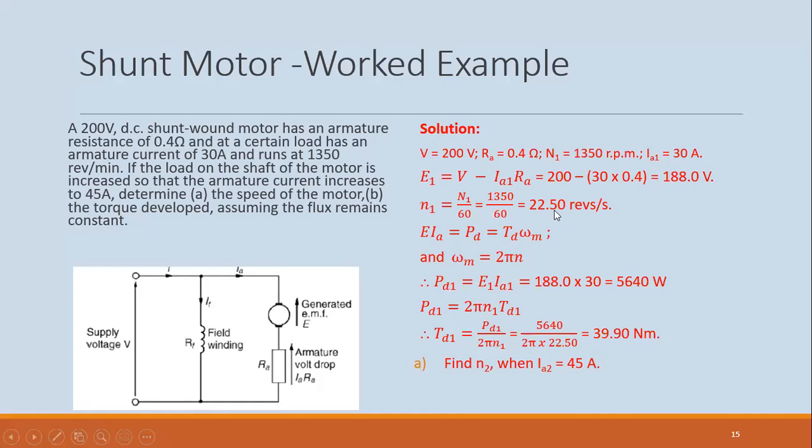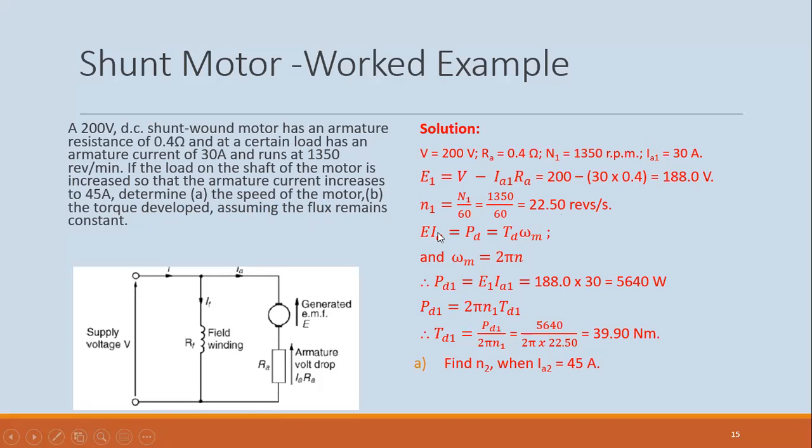So that's 22.5 revs per second. All right, so I can look at the power developed now. They wanted us to find the speed and the torque developed. So we need now to find the torque developed.